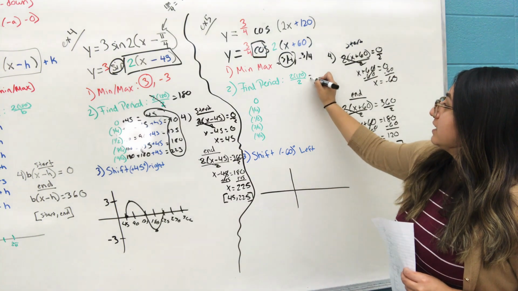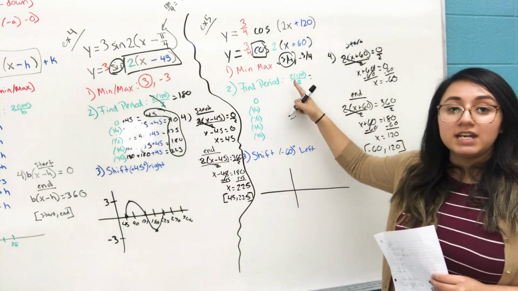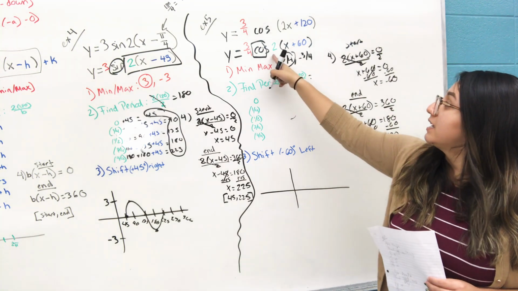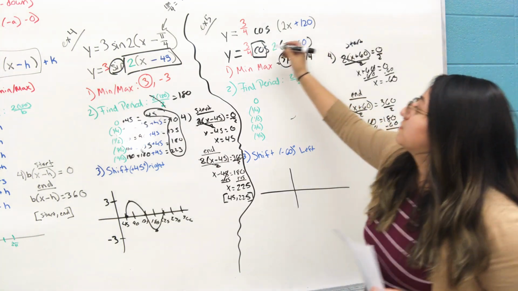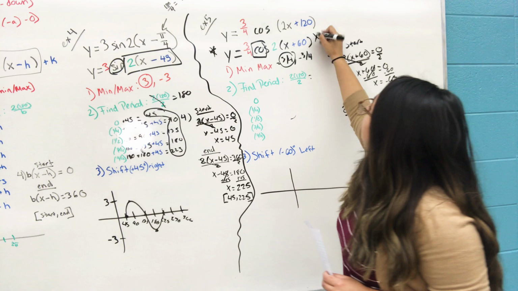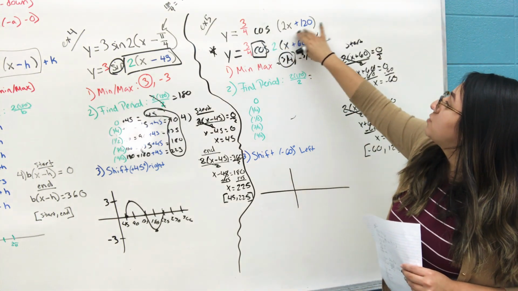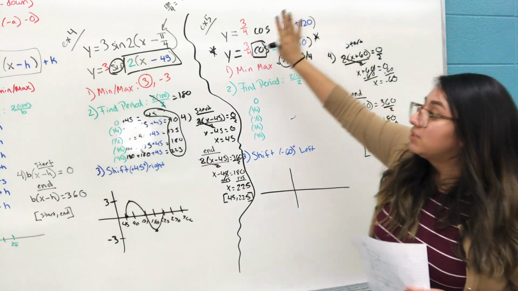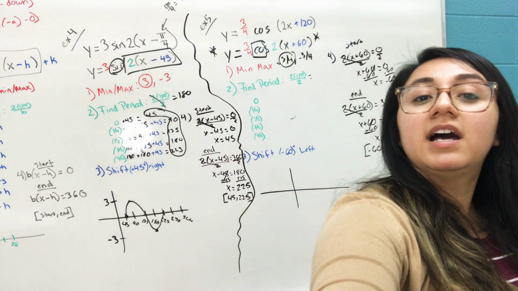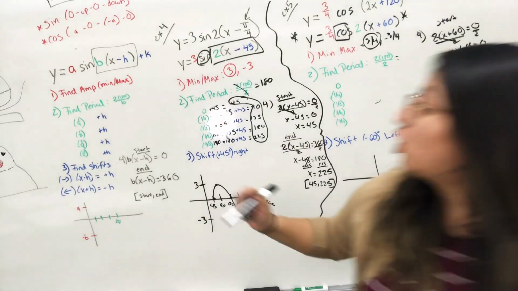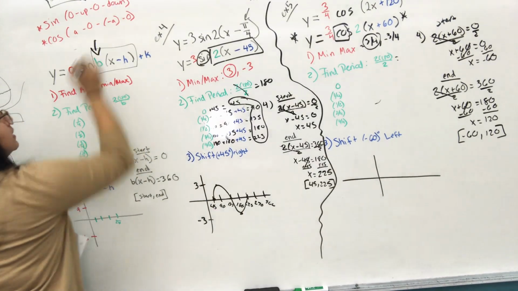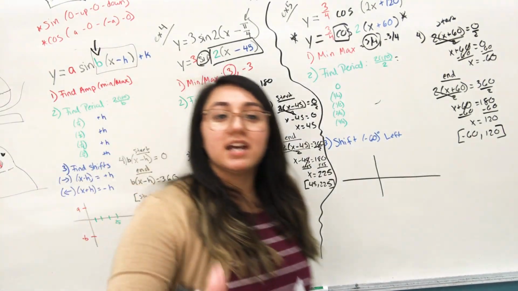We have to find a period. So it's 2 times 180 divided by b. In this case, b is, oh, I forgot to explain this part right here. We have y equals 3/4 times cosine of 2x plus 120. Keep in mind when we have the regular pattern, we always need a b. So we need a number outside of the parentheses.